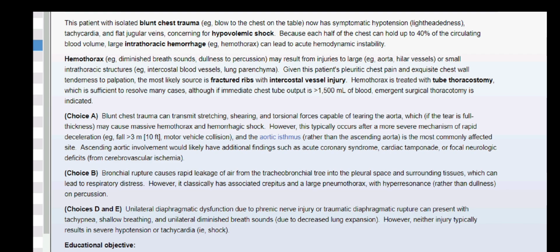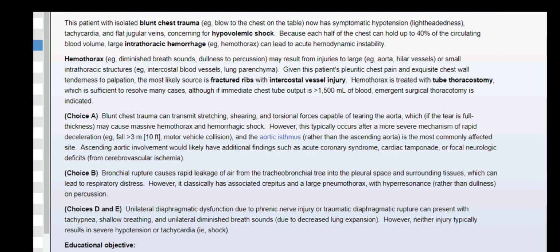We should do tube thoracostomy, which is sufficient to resolve many cases. Although if the immediate chest tube output is higher than 1.5 liters, emergent surgical thoracotomy is indicated. The number is one to memorize. Please memorize it as much as you can.